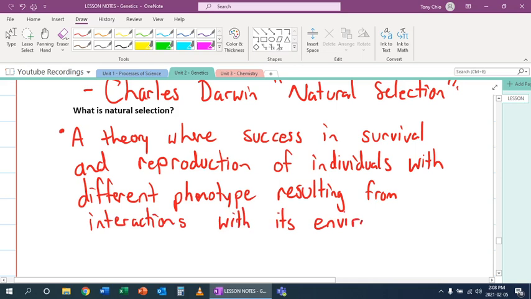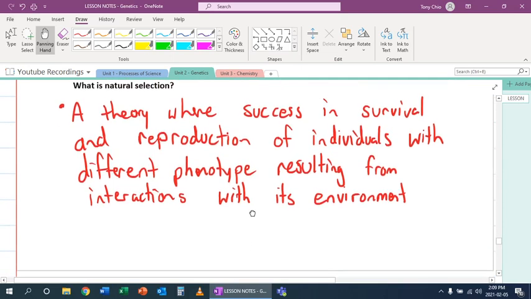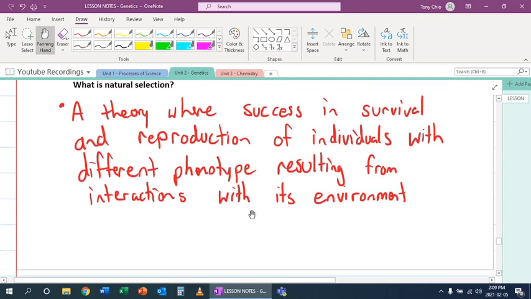So what does that mean? The first part, reproduction and survival, means it's a theory in which a species that can survive will win out. But not only can it survive, if it can reproduce and pass that gene on, it will win out over time. The last part is very important: interaction with its environment.